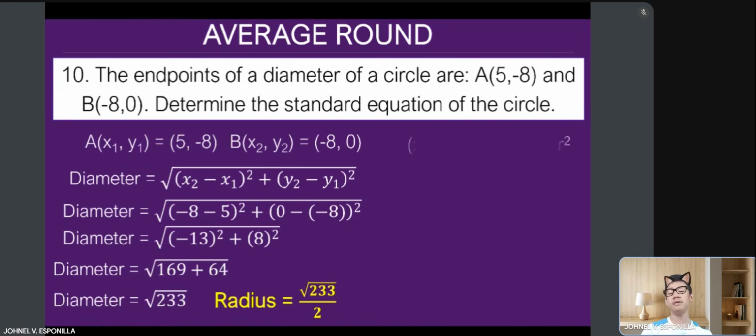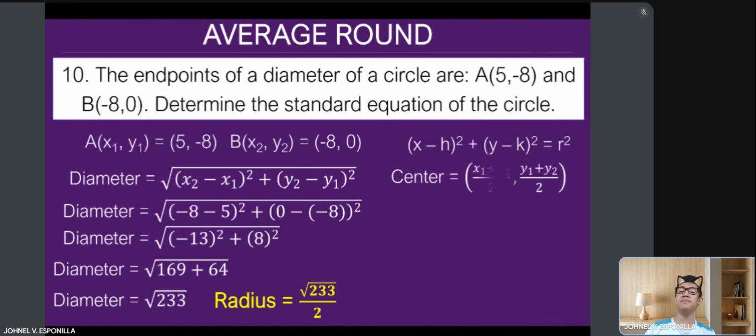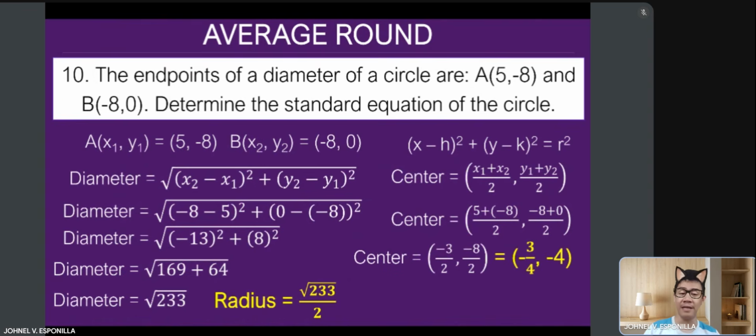And for the center, okay, midpoint formula ulit. Substitution, do the addition po and divide. Okay? So, yung center po natin is negative 3 over 2 pala to. Okay, so ito po, may correction tayo. This is negative 3 over 2 and we have negative 4. Okay?